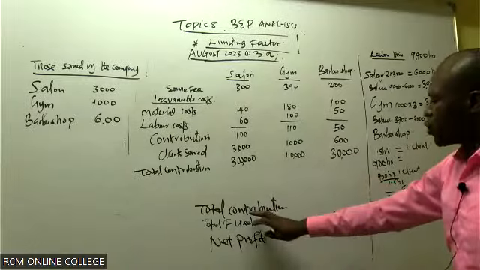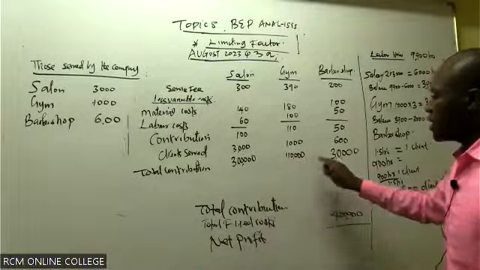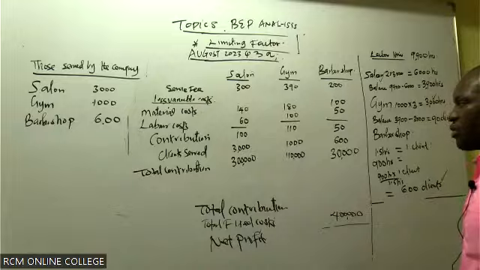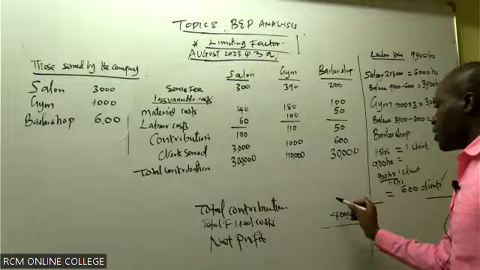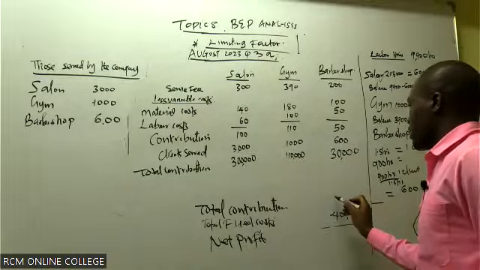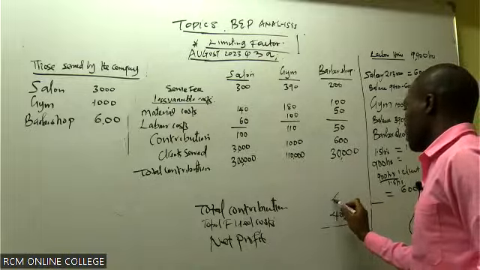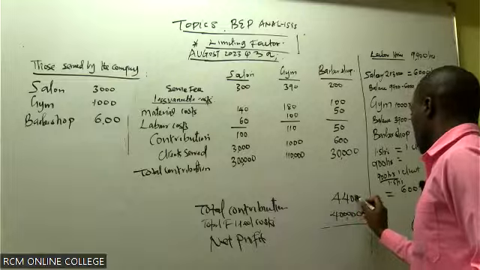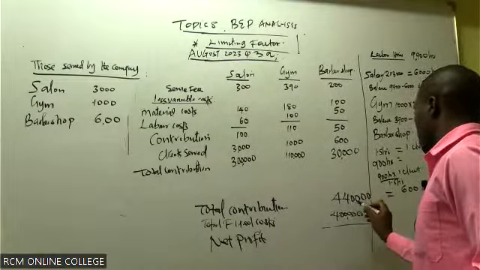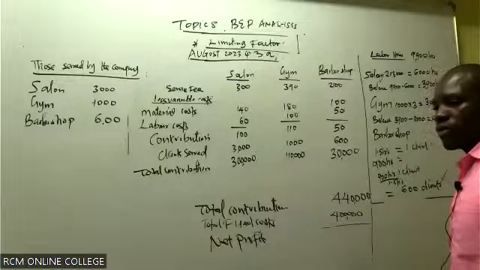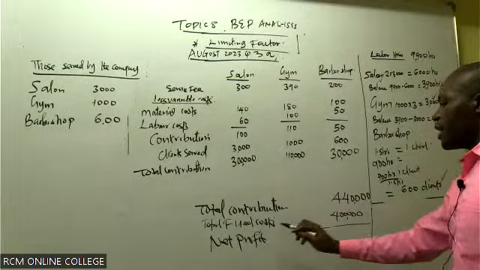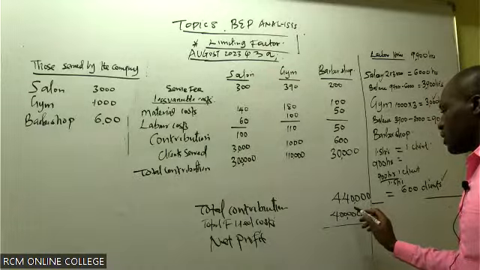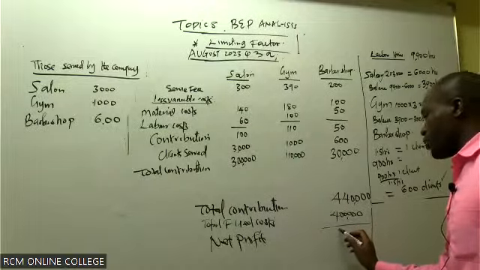So what is our total contribution? This plus this plus this. Itakuwa ngapi? 440. Is it 440,000? If you add all the contributions, 440,000 less total fixed cost, which is 400,000. Tutakuwa na ngapi net profit?